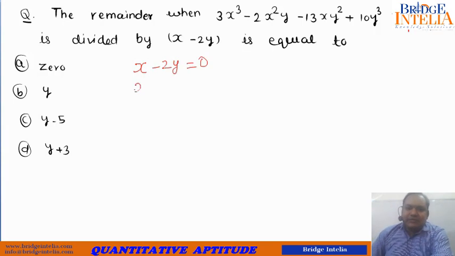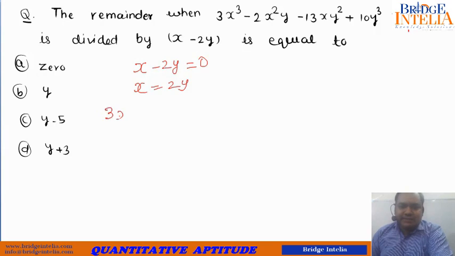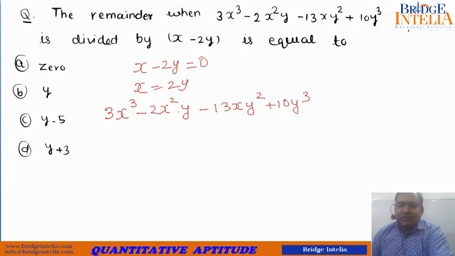So instead of x, you simply put 2y and see what remainder comes out to be. So the given expression was 3x cube minus 2x square y minus 13xy square plus 10y cube. Now wherever you see x, instead of x you simply put 2y, compute the answer, and let's see what the answer comes out to be.